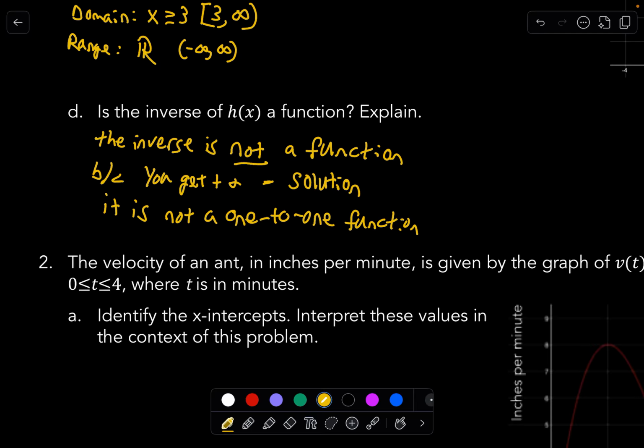Or it doesn't pass the horizontal line test, which is the same as the vertical line test to prove a graph is a graph of a function. The horizontal line test is to prove that the inverse of the graph you're doing the horizontal line test on would be a function. Okay.